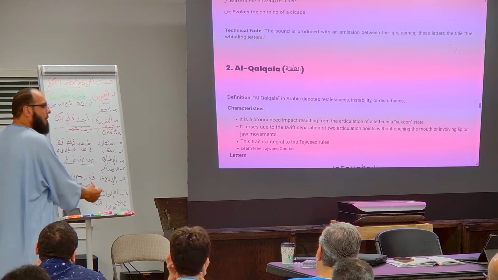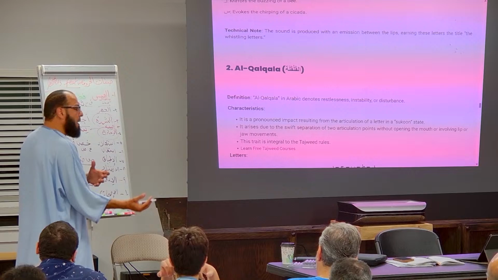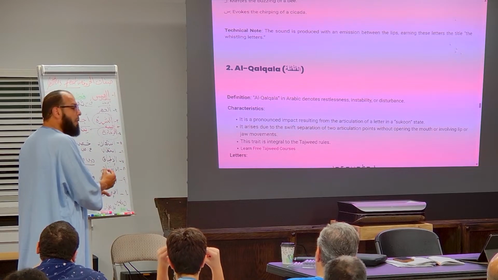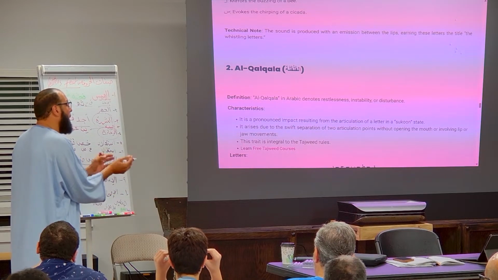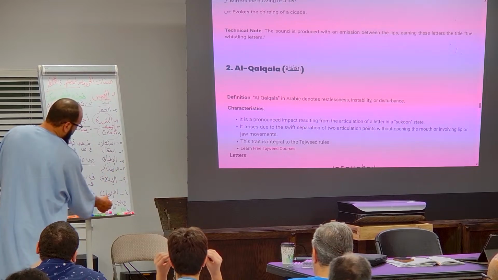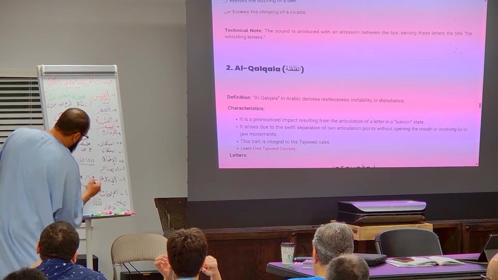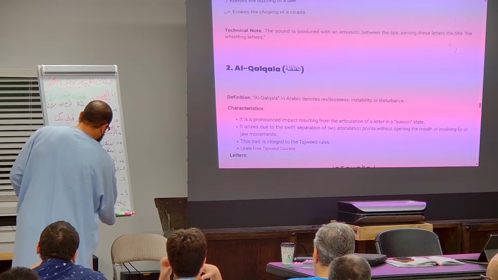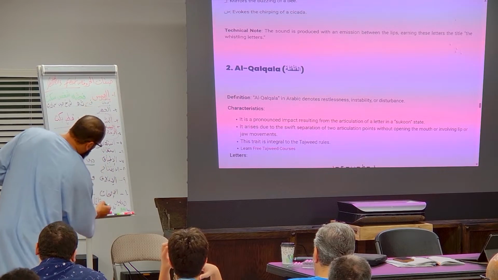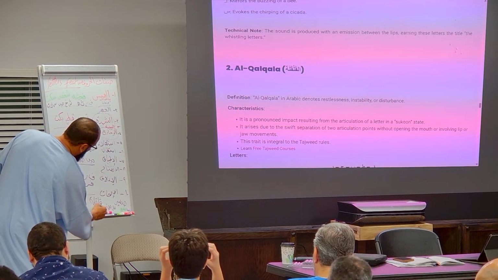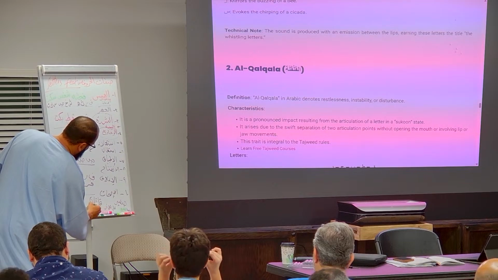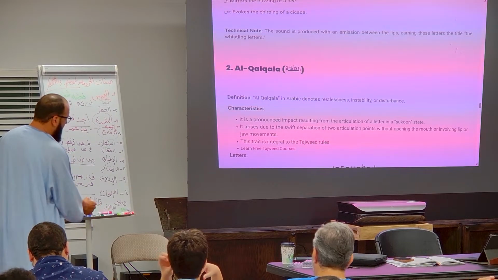That's one of the words whose meaning refers to the sounding of it, the قلقلة. There's a shake as you're saying it. So you're shaking the letters. The letters of these are قطب جد. قاف. قطب جد. قاف طاء باء جيم and دال.